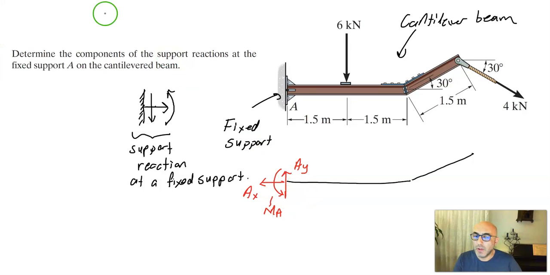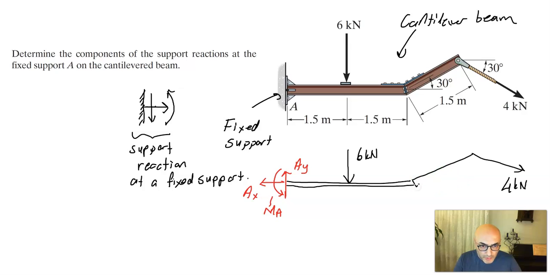And as for the external loads, we have a 6 kilonewton applied force here, and then we have a 4 kilonewton applied load there. So that's my cantilever.